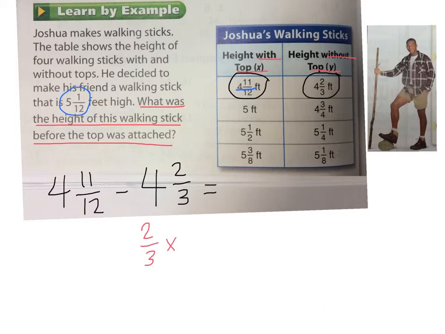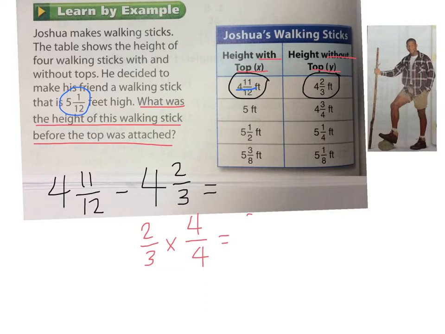2/3 times 4/4, which is the same as what? 4/4 is the same as 1. Okay.